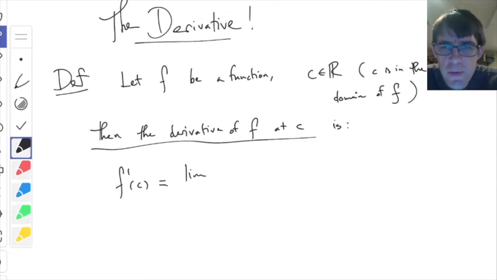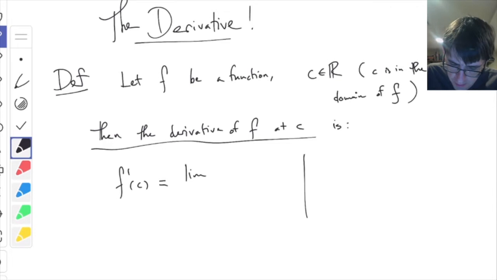Anybody actually remember this definition? Isn't it the limit of f of x plus h minus f of x over h? So actually, that is a different form that I'm not going to write here, but I'll write it over here.